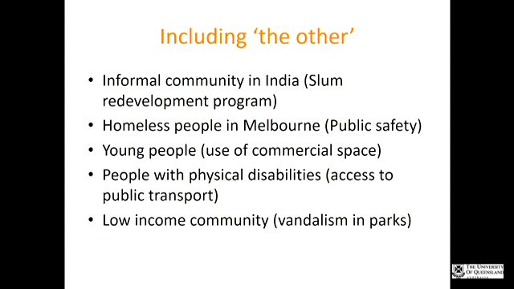There's no specific place or city, but how these young people will use a commercial space in a specific urban environment. The fourth case is people with physical disabilities and their access to public transport. And the fifth one is the low-income community and how they can react to vandalism in parks.